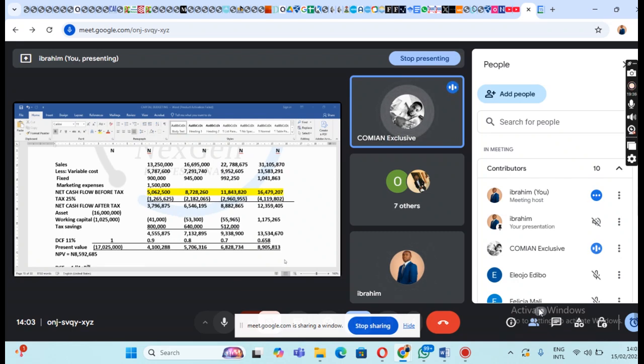Me, I used 0.811 anyway. So I think that's where the difference is coming from. If you use 0.8, it will be 5,706,316.